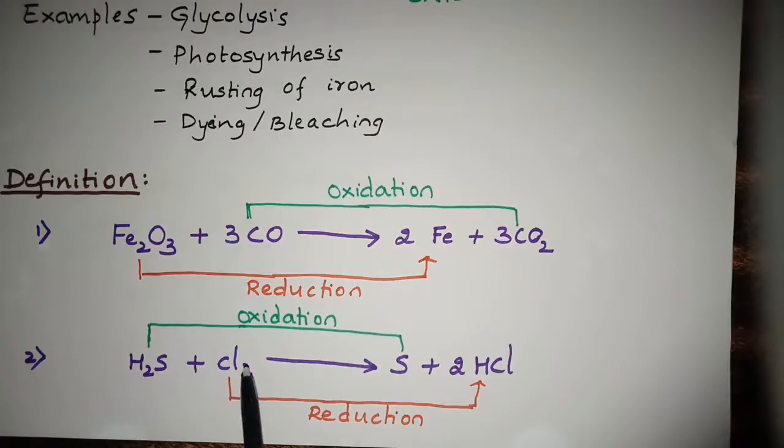I'm sure you would know what the products would be. It is a formation of hydrochloric acid with the formation of sulfur. You notice the reaction here, there is absolutely no oxygen present. In this condition, how can I define oxidation and reduction?